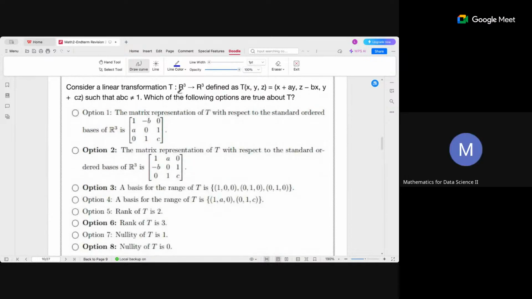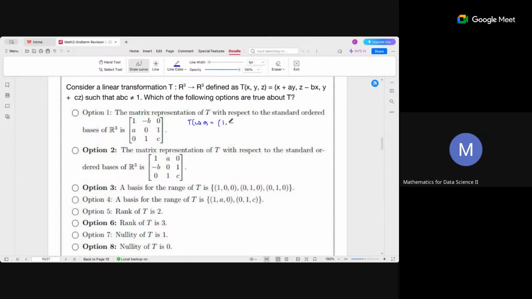Okay, consider a linear transformation T from R3 to R3 defined like this. It is also given that ABC is not equal to 1, so the product of A, B, and C is not equal to 1. First of all, what is the matrix representation with respect to the standard ordered basis? What is T of (1, 0, 0)?